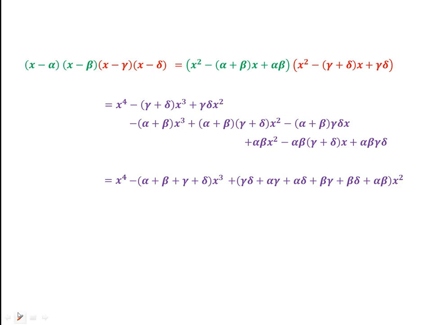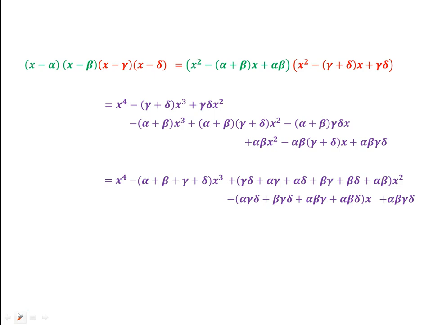So altogether, we've got minus (alpha gamma delta plus beta gamma delta plus alpha beta gamma plus alpha beta delta), lots of x. And then finally we've got the constant term with no x's in it, which is simply plus alpha beta gamma delta.